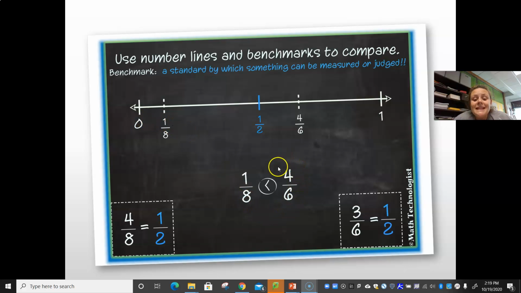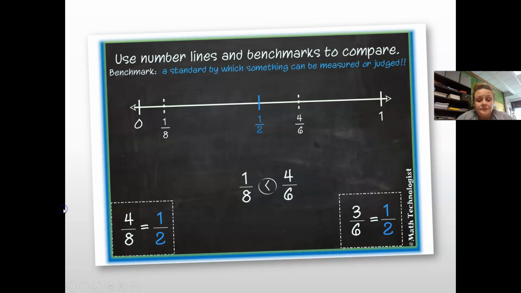Then I want to think about 6. How many sixths would be a half? Well, 3/6 would be a half because the 3 is half of the 6. So this number is actually larger than a half because 3/6 is a half and this is 4/6. So 4/6 is definitely bigger than 1/8 because 1/8 is close to 0 and 4/6 is larger than a half.